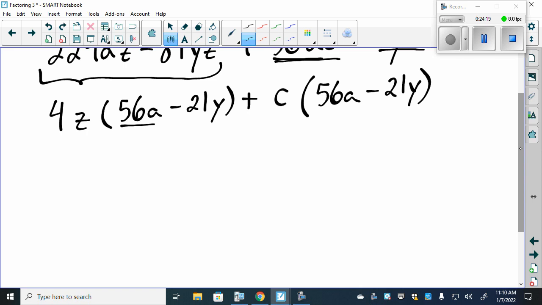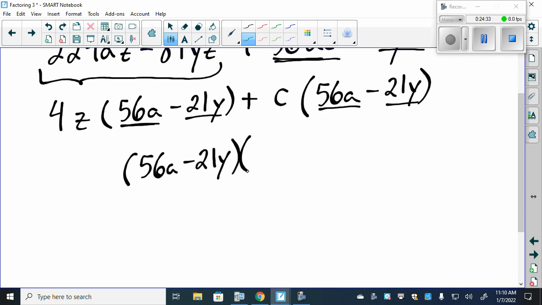Well, we could find out what it is if there is one, but all I'm really focused on is making these two be the same so that we can factor out the 56A minus 21Y from both of them, leaving us with 4Z plus C. It would, yeah, because we need these two to be the exact same.